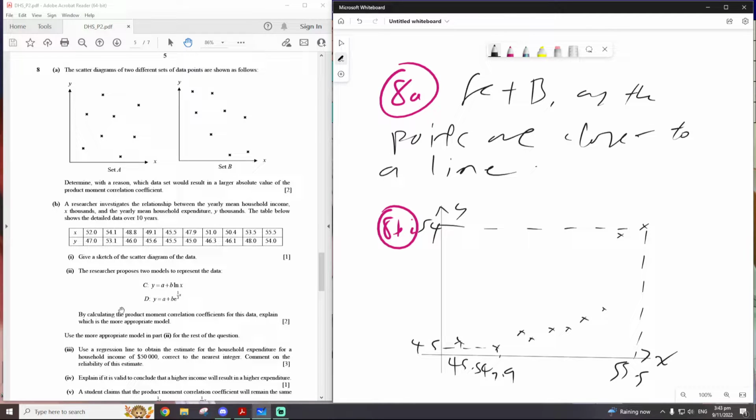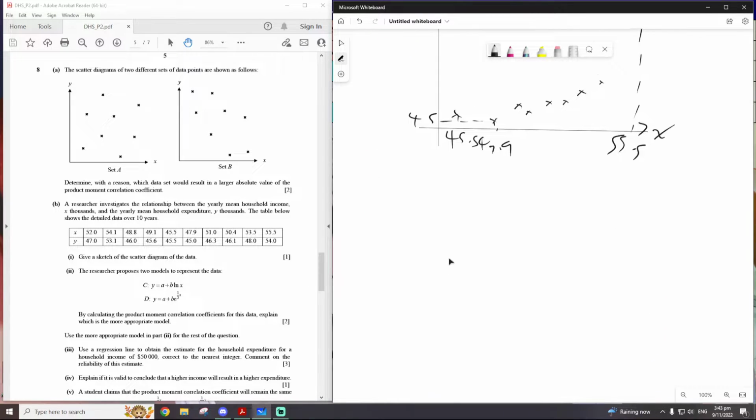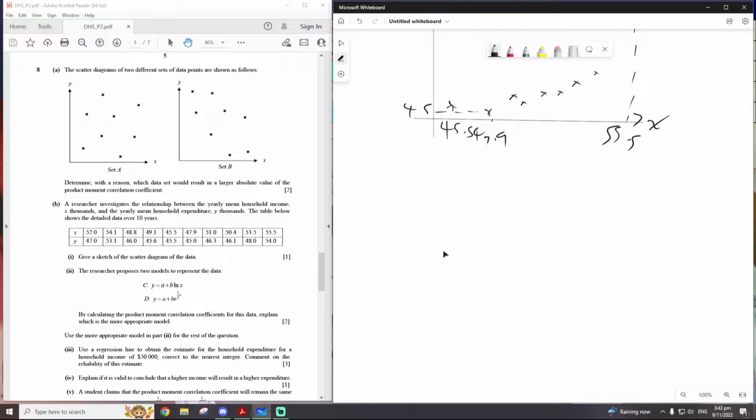So the researchers will propose two models to represent the data. Which is the more appropriate model? Okay, so I assume that you guys know how to calculate the product moment correlation coefficients. You use your GC, type L1 and L2. L3 you set to be the ln of L1, and L4 you set to be e power half of L1.